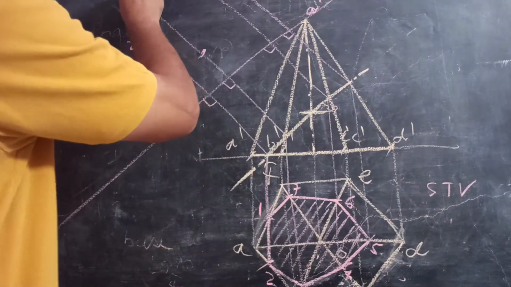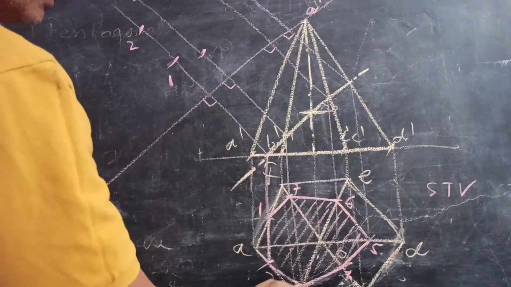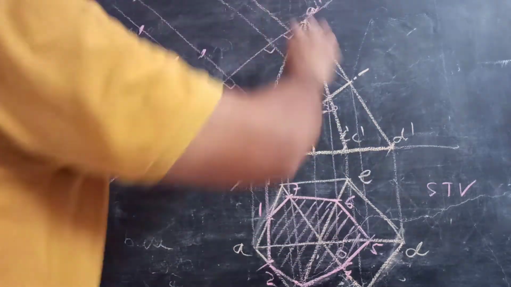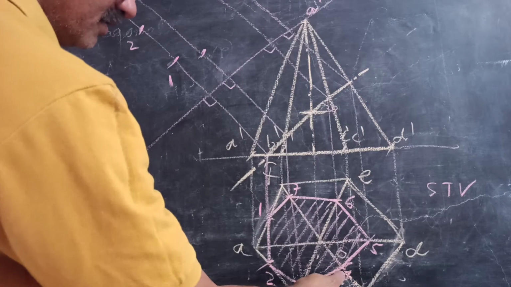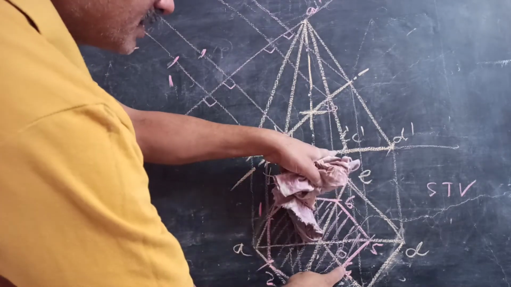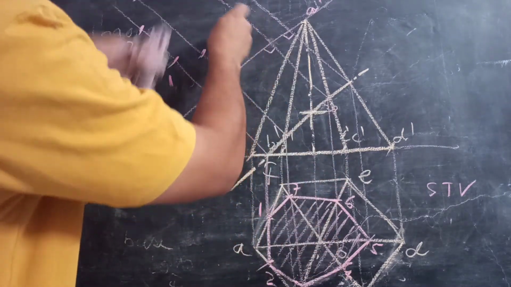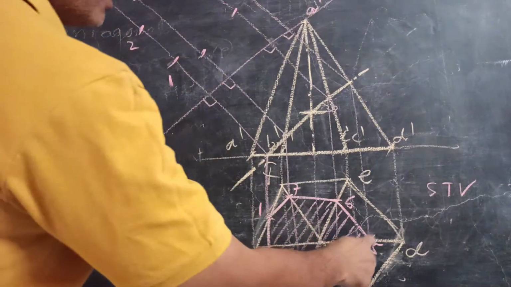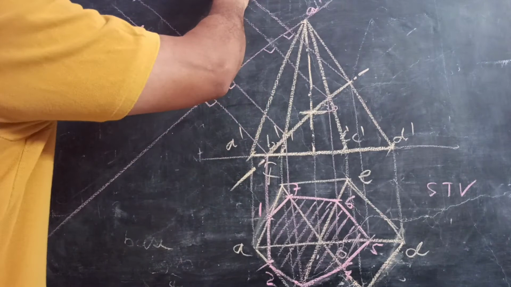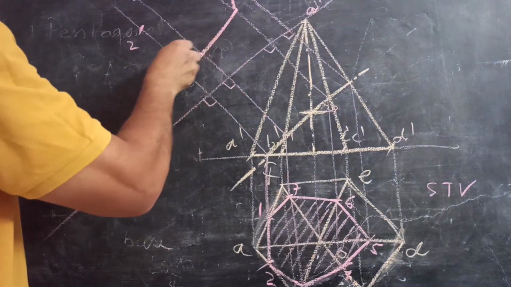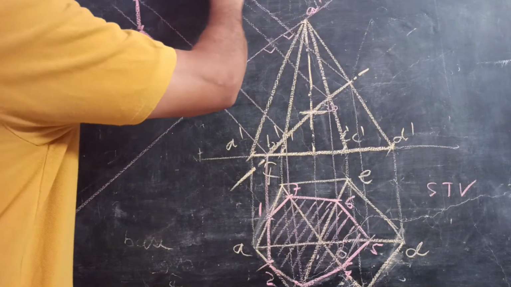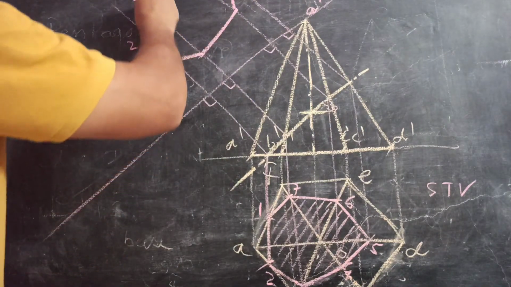So 3 will be somewhere else here, this much distance. Then on this projector it is 6 and 4. So you can get this distance and mark it. Here you will get 2 points and here you have got this 5. So you can join them and you can get this as the sectional true shape.